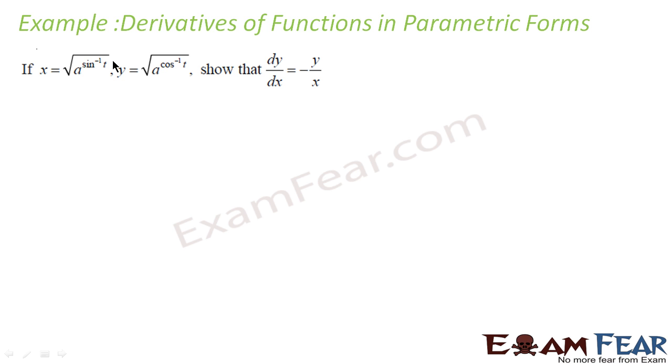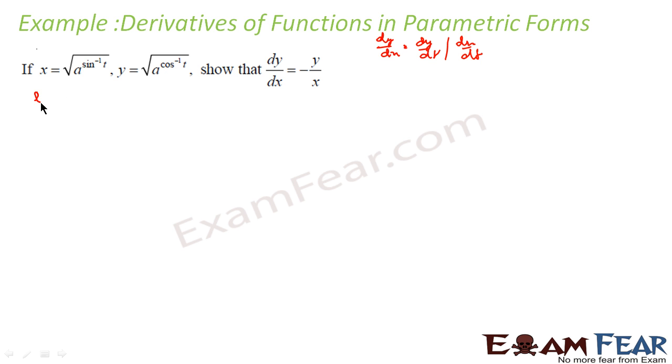So here, if you see, x is equal to this to the power, this is a complex one. To find the derivative of this, we can use the log. So let's use this in this case first. Our goal here is to find dy by dx, and that is nothing but dy by dt divided by dx by dt. So let's find dy by dt. y is equal to this.